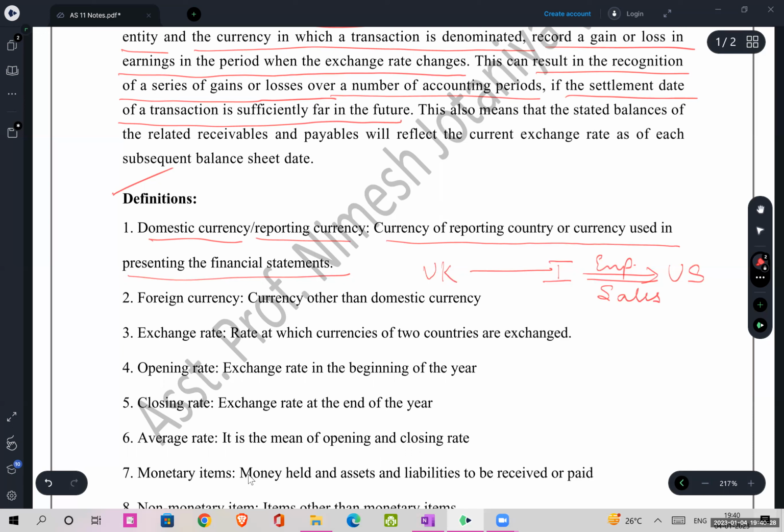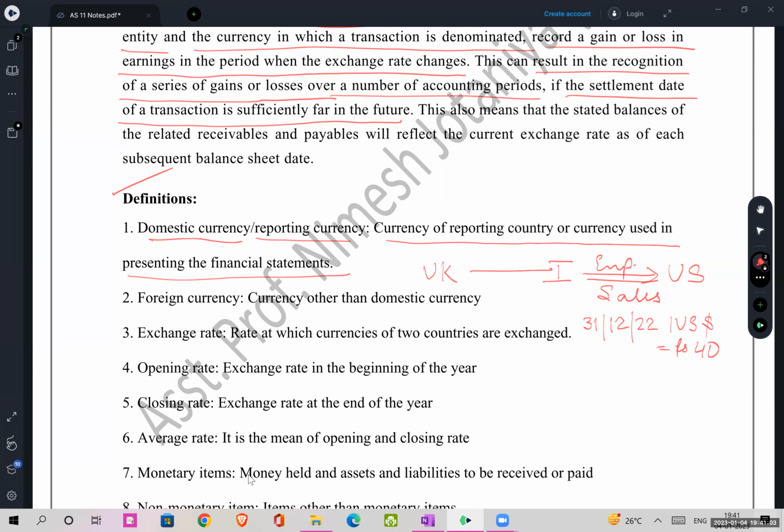Say the date is 31st of December, and today's exchange rate is $1 equal to 40 rupees.